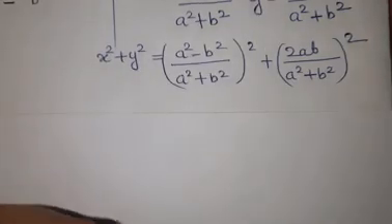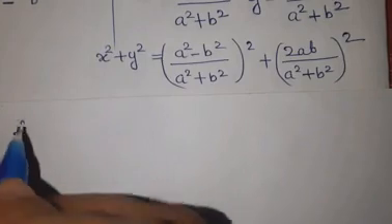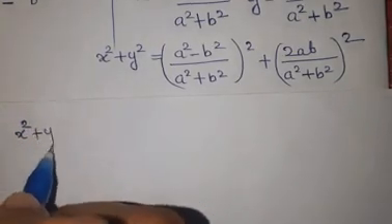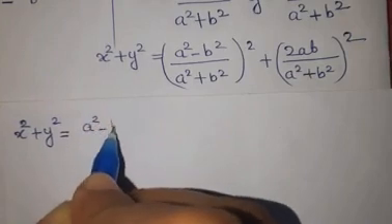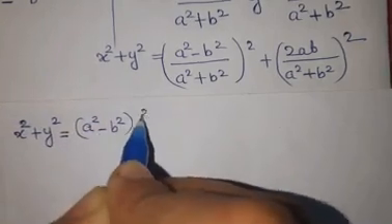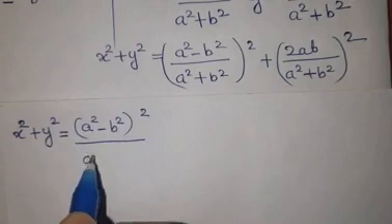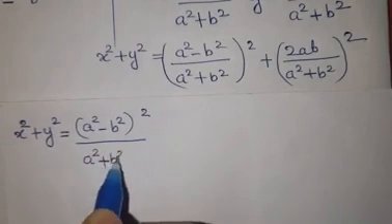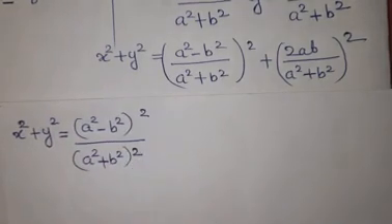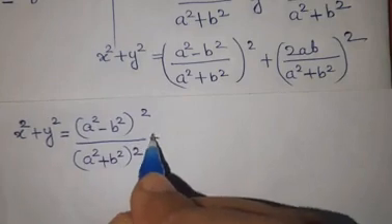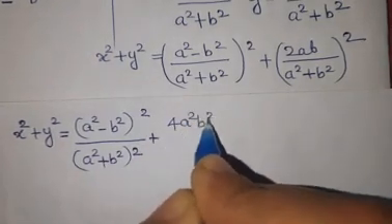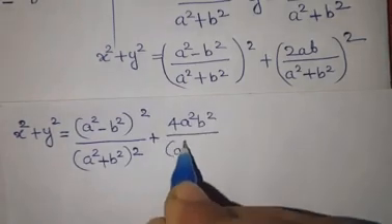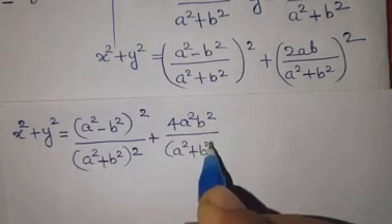Therefore, x square plus y square is equal to (a square minus b square) the whole square divided by (a square plus b square) the whole square, plus the square of 2ab, which is 4a square b square, by (a square plus b square) the whole square.